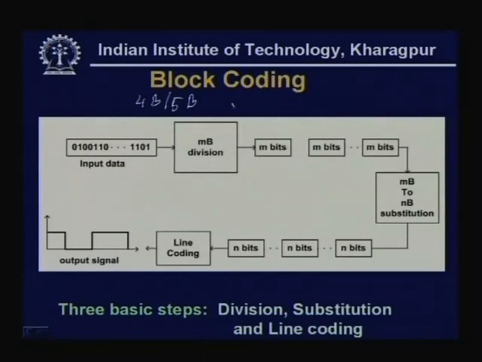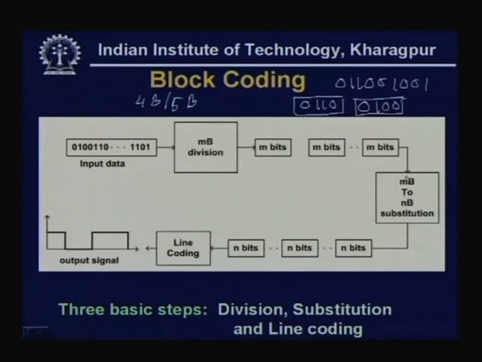For example, if the input data is say 0 1 1 0 0 1 0 0 1, then it will be divided into 0 1 1 0, this is one block, then 0 1 0 0, another block. So, this is how it is divided. So, it is divided in terms of M bits.